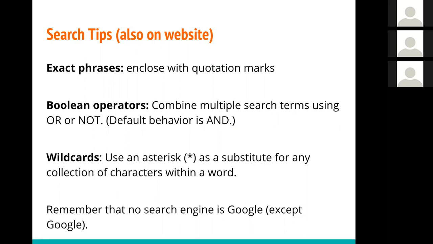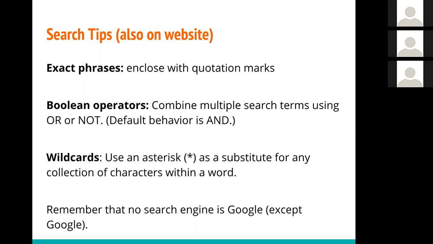The disclaimer that we offer here is that we're not Google. No search engine is Google except for Google. And so a little creativity and a little persistence goes a long way in helping to connect with, again, those great materials. As Kate said, having the patience to do a little bit of scrolling really pays off.